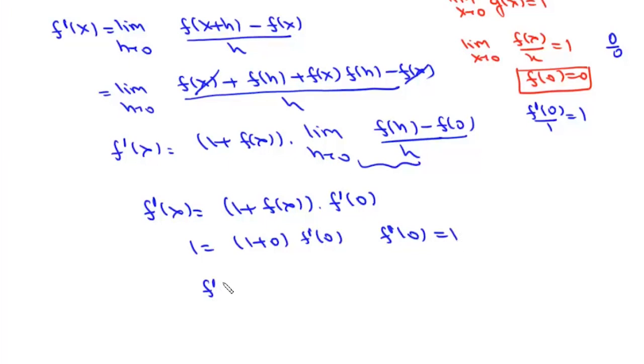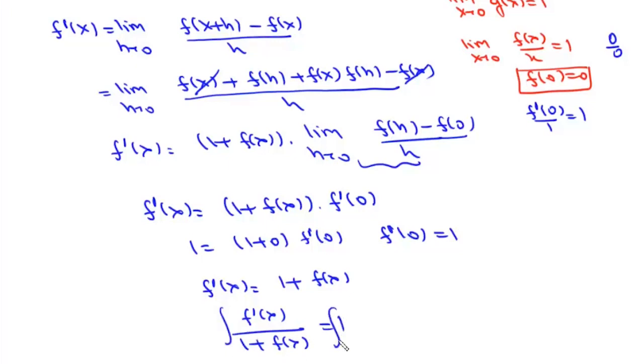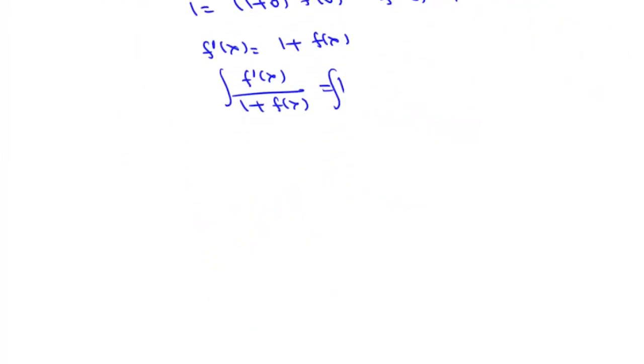So from here we can say f'(x) is simply 1 plus f(x). Now we can write this as f'(x) upon 1 plus f(x) is equal to 1. Now we take its integral. We can write this as log of 1 plus f(x), and this is equal to x plus c.